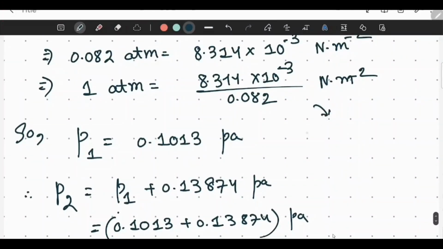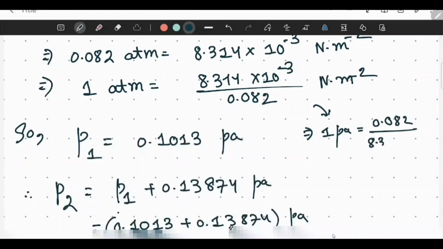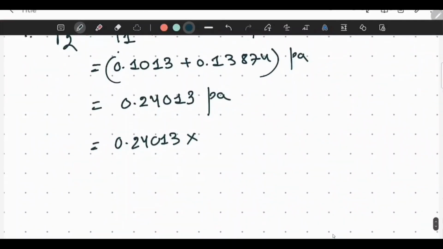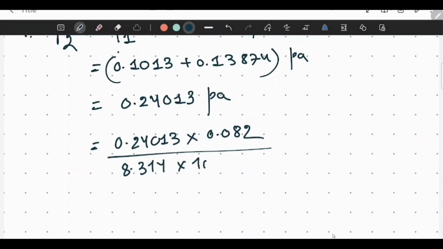So from here we can write 1 Pascal equals 0.082 divided by 8.314 into 10 to the power minus 3 atm. So 0.24013 into 0.082 divided by 8.314 into 10 to the power minus 3 atm.